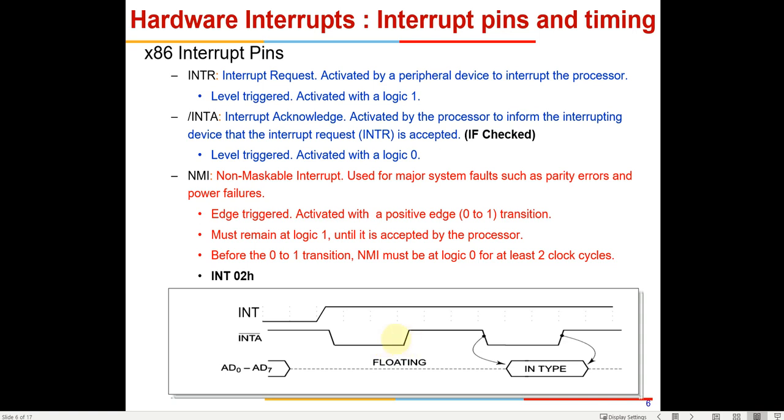Then the microprocessor sends, in the next clock cycle, one more interrupt acknowledgement, and it is all negative edge triggered. In the next negative edge, the microprocessor is telling the IO device, now you tell me what kind of interrupt you want to do out of the 256, which is the one I need to run.